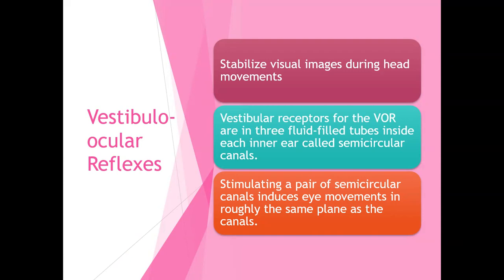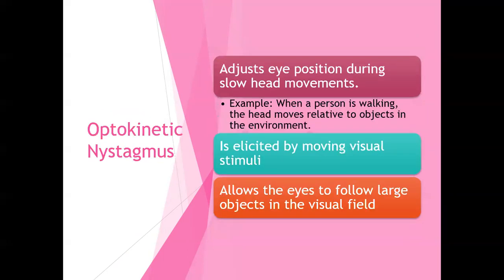Vestibular receptors for the VOR are in the vestibular apparatus, which is 3 fluid-filled tubes inside the inner ear called the semicircular canals. And stimulating a pair of semicircular canals induces eye movements in roughly the same plane as the canal. So our vision and our vestibular function is linked. So when you get conflicting information from the visual system and the vestibular system, that often causes motion sickness.